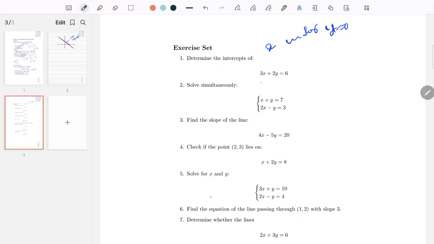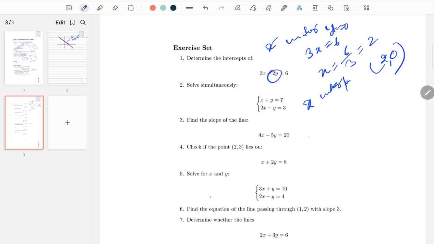We put y equal to 0, then 3x equals 6, and x equals 6 by 3, which equals 2. So the x intercept is 2, 0.